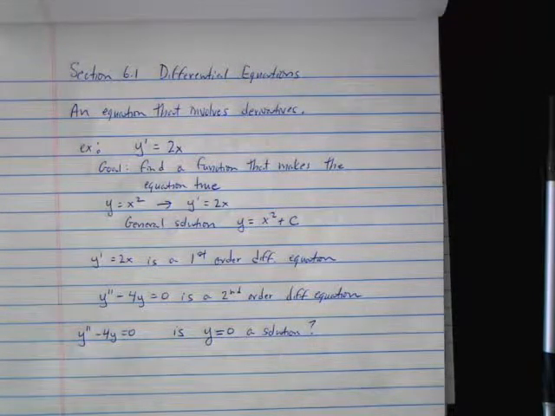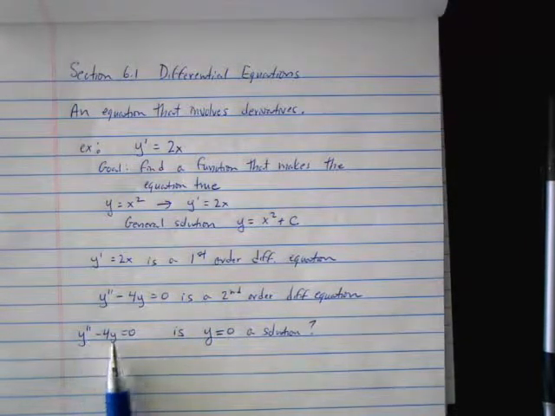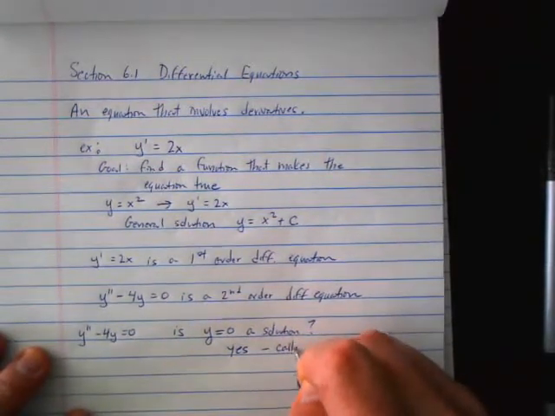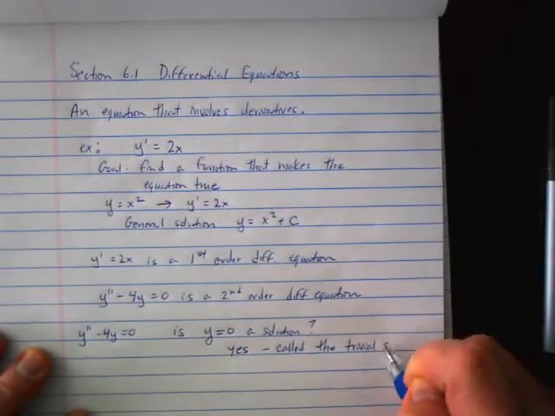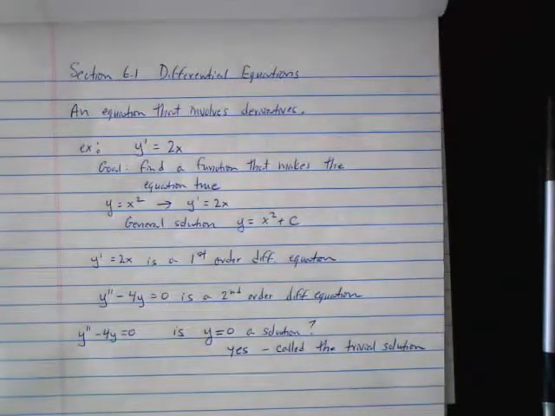Yes, it is. Why is y equals 0 a solution? Well, when you take the second derivative of 0, you get 0. So you plug in 0 there, you plug in 0 there. 0 equals 0. So yes, it is a solution. That one's called the trivial solution. Not a very interesting answer, but a correct answer to the question.